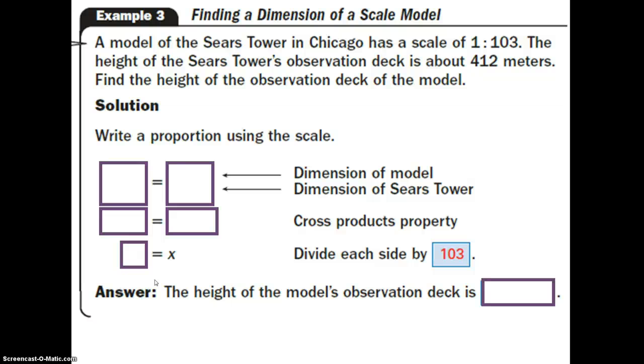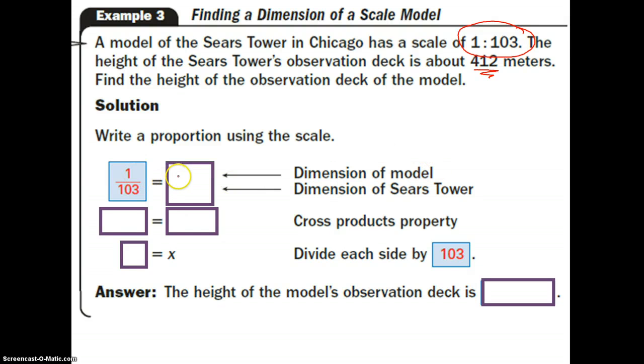In example 3, find a dimension of a scale model. A model of the Sears Tower in Chicago has a scale of 1 to 103. The height of the Sears Tower observation deck is about 412 meters. Find the height of the observation deck on the model. Since we know the scale, we can set up a proportion. 1 over 103. And remember, 1 has to be the model.